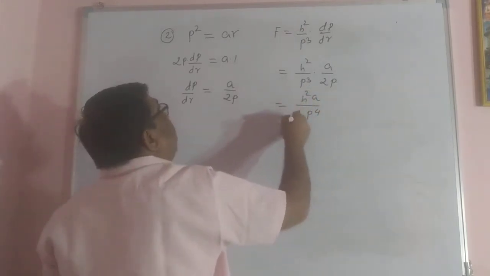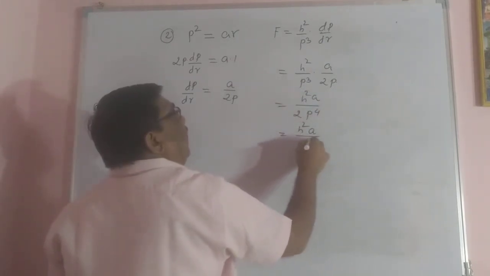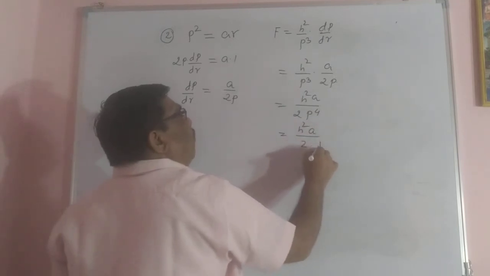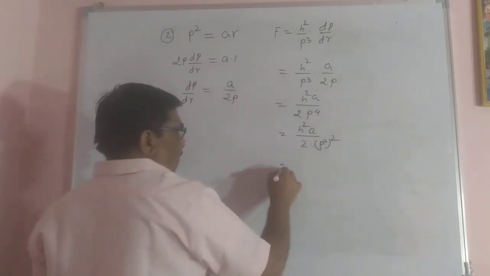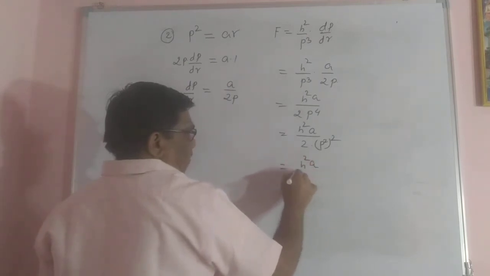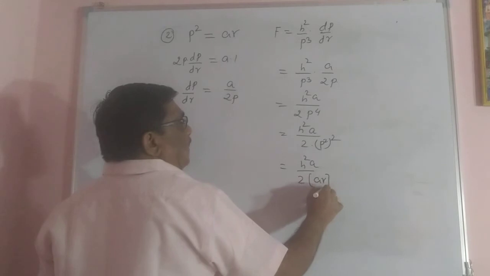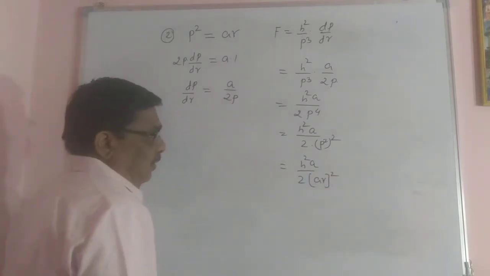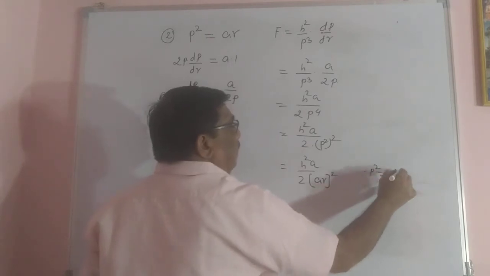This totally I can write as a constant, or let me write later, h square a divided by 2, p raised to 4 can be written as p square square, and h square a divided by 2 into p square is a r square, because p square equal to a into r.